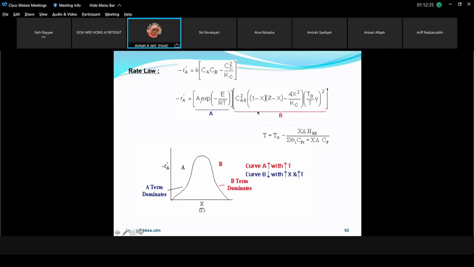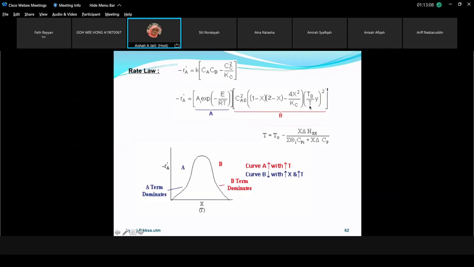So you can get this one. This is K, and this is all in the bracket here. When you put C_A, C_B, C_C in terms of C_A0, you can get all of this. And because of the gas reaction, maybe you have to consider epsilon.